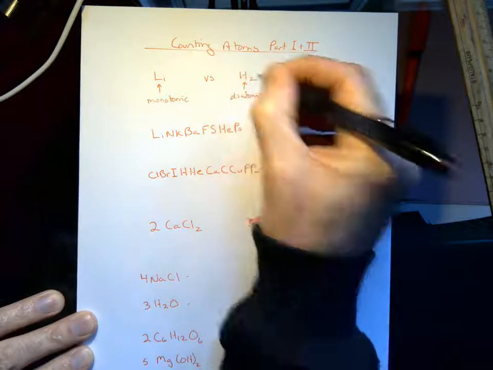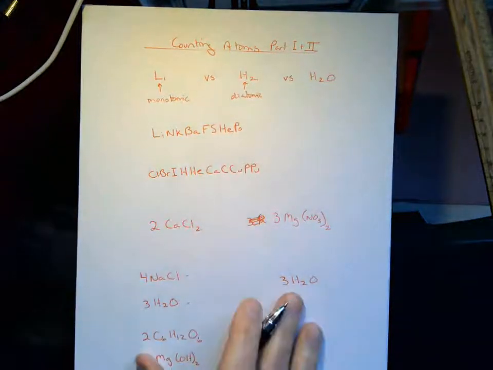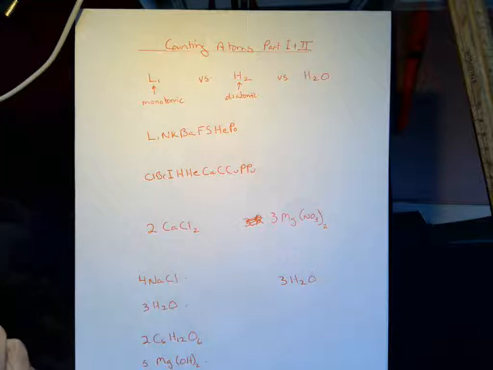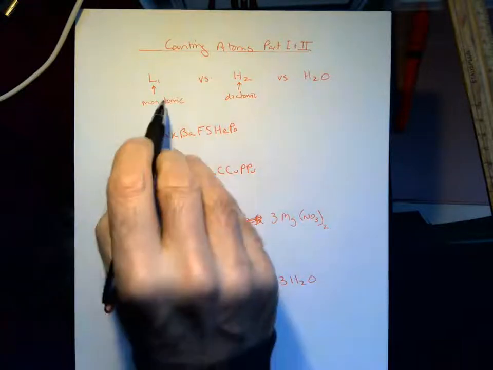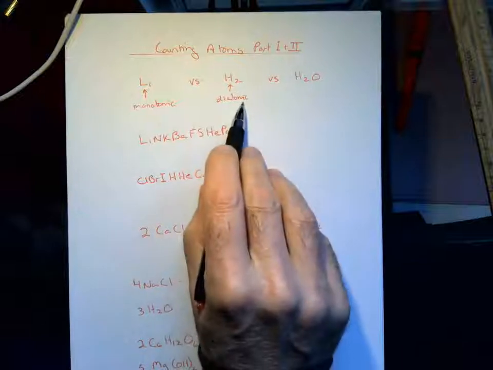What makes this an element versus a molecule? It's because hydrogen doesn't exist as just H. It is the simplest form, just like the simplest form of phosphorus is P4. We don't focus on that in grade 11. We focus on monatomics and diatomics, but elements are either monatomic or they're diatomic.